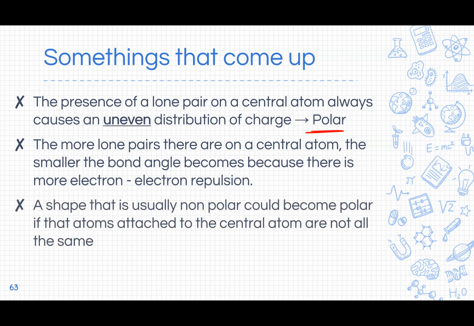Okay. A shape that is usually non-polar could become polar if the atoms attached to the central atom aren't all the same. So that's a little bit tricky. For example, a tetrahedral molecule, which could be CCl4, would be non-polar. But if I made it Cl3CF, okay, then because this F has a different electronegativity, the dipole moments will not actually cancel out. So I would have a dipole moment here, a dipole moment here, one here, and one here.